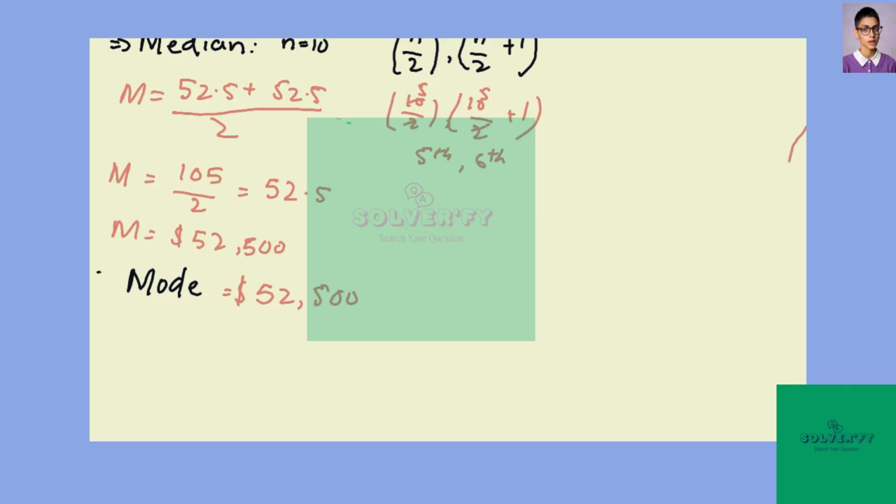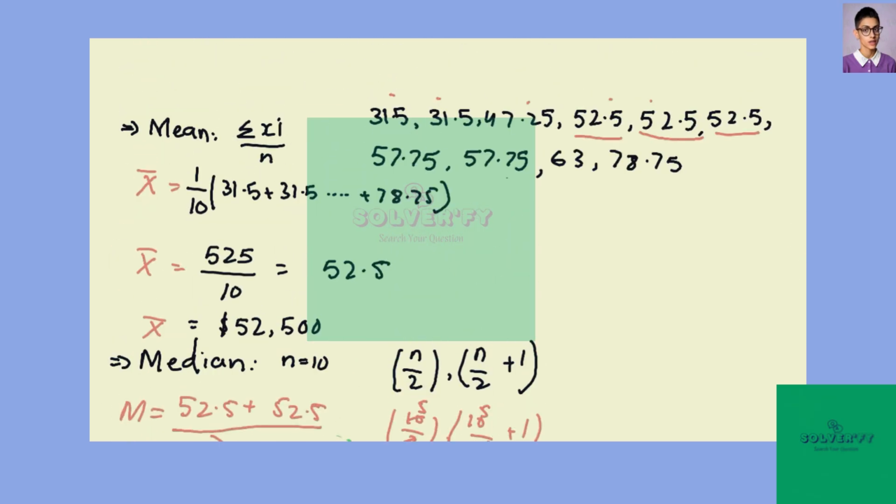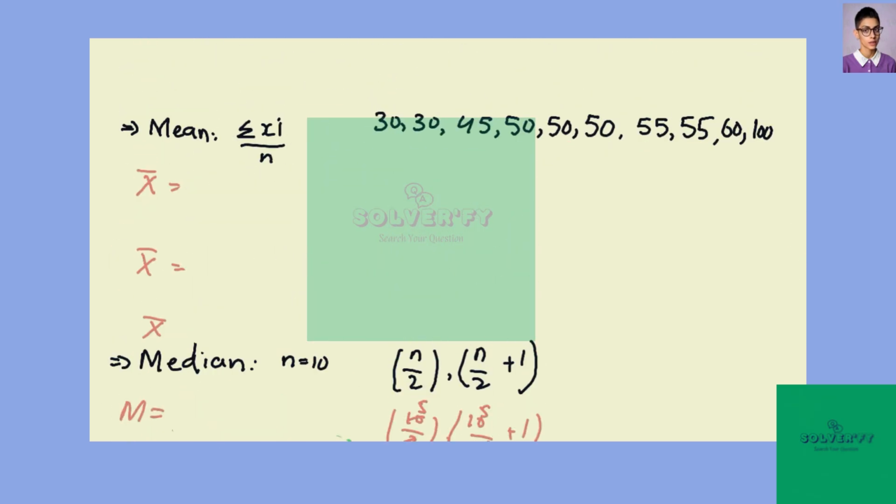So let's do it. Recreate the data. So here is the new data. As we can see here that he takes the 25,000 for himself, so there is 100. So let's start with this.